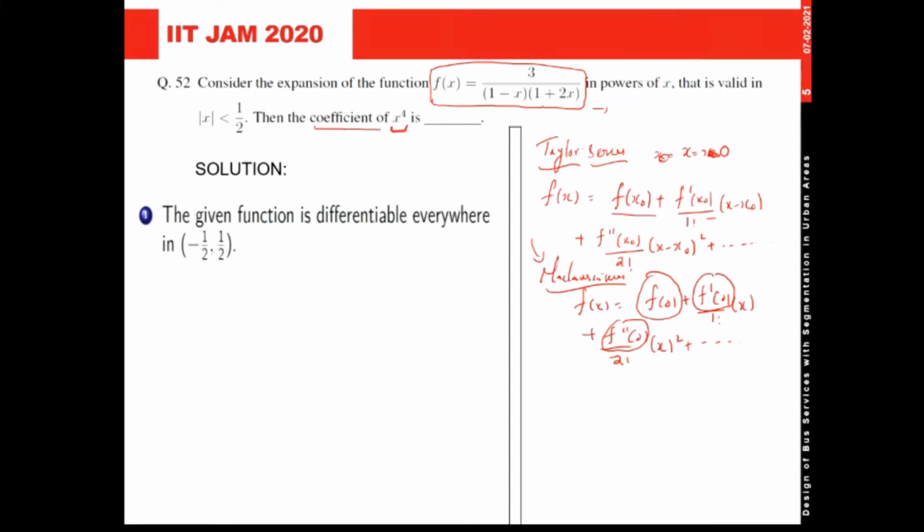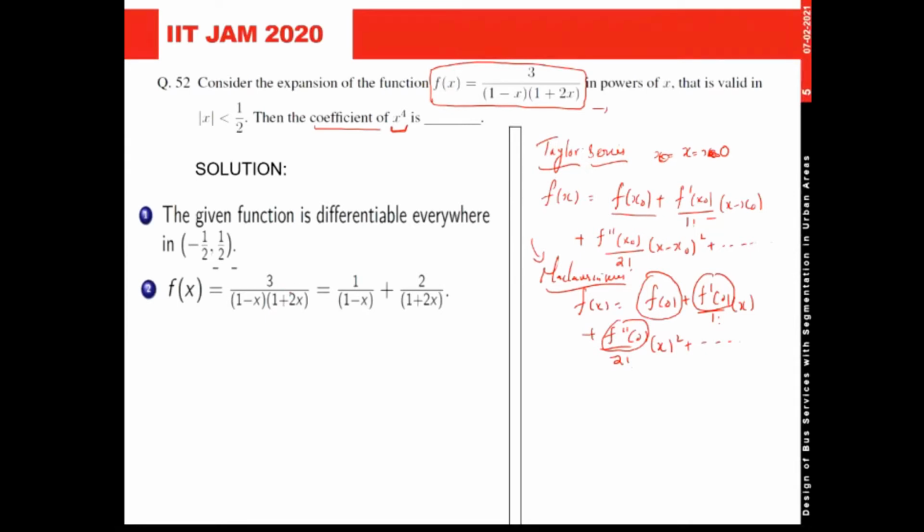So there may be some tricks. What I will do is, by the method of partial fractions, write 3 by (1 minus x) into (1 plus 2x) in the form 1 by 1 plus x plus 2 by 1 plus 2x.